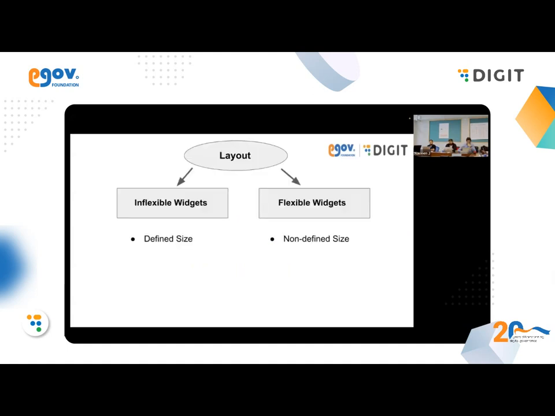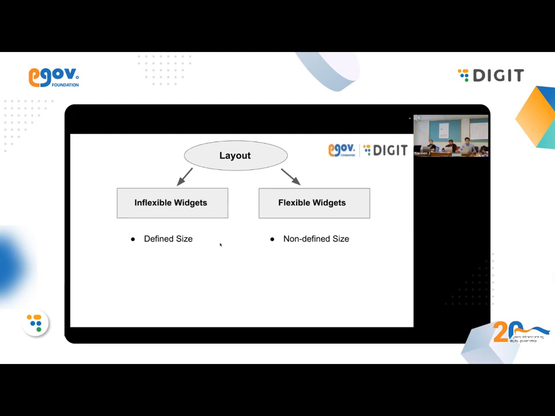Just before going for the calculation, let us define that in layouting we have two types of widgets. One is the inflexible widget and the other one is the flexible widget. What differs is that inflexible widgets are ones for which you define a specific size. Assume you have a specific box which has a width and height specified, and flexible widgets are ones which occupy the size of the parent.